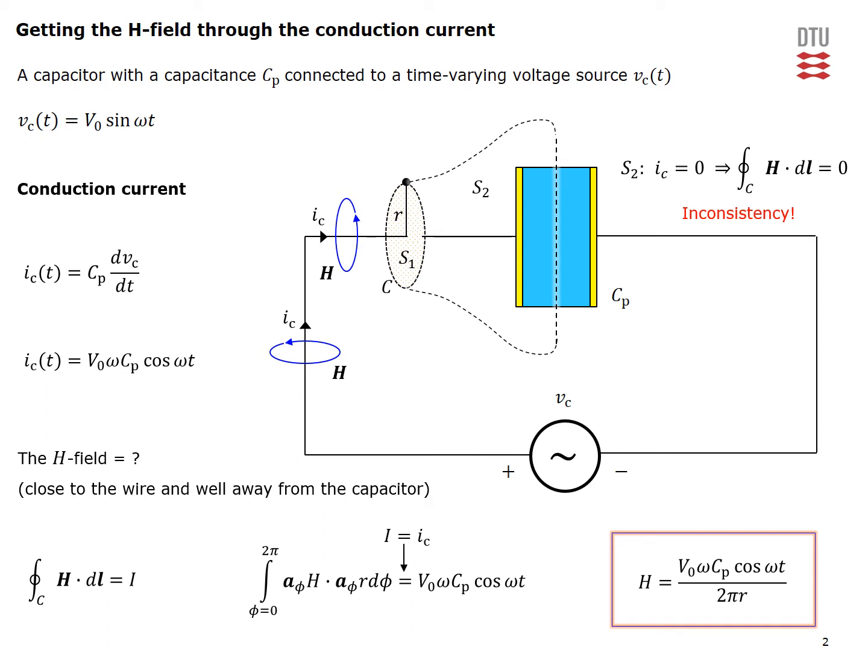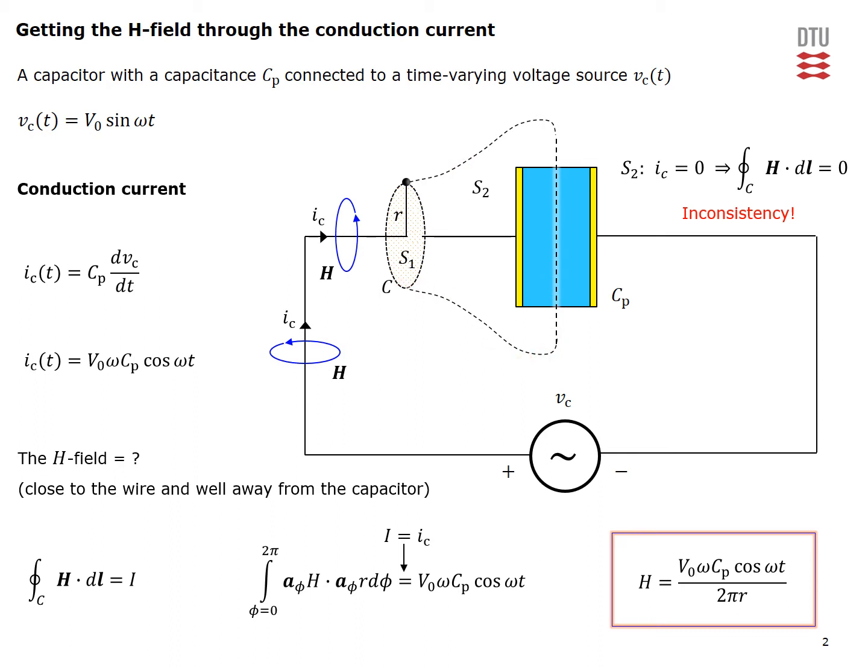If we are relying on Ampere's law over here, we obviously point out an inconsistency, because in this particular case the circulation integral of our magnetic field intensity will be equal to 0, and eventually the magnetic field itself will be equal to 0, since no current is passing through this surface S2. So we see that Ampere's circuital law, as we know it from magnetostatics, will lead to an inconsistency in this particular case of surface S2.